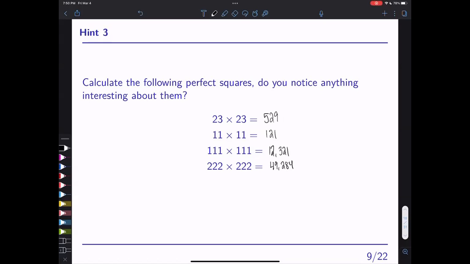Now, I see something interesting about two of these. They've got a nice pattern in the resulting product on the right-hand side. Seems like I'm counting up from 1 to 2, and then back down to 1. Counting up from 1 to 2, up from 2 to 3, back down again.